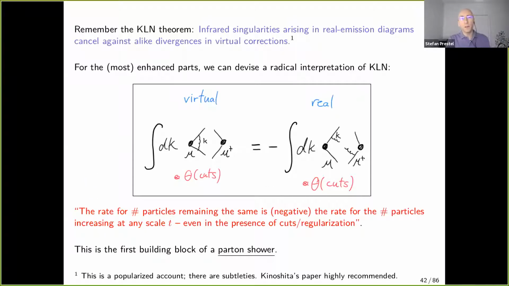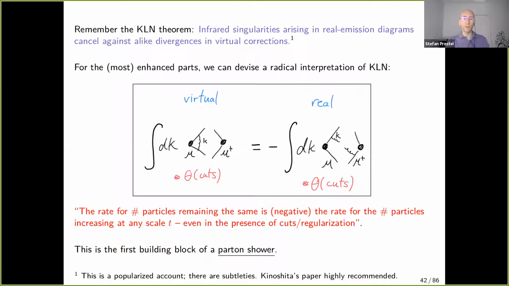First, let me remind you of the Kinoshita-Lee-Nauenberg theorem, which says in popularized speak that infrared singularities, low energy or low angle singularities in real emission diagrams, cancel against like singularities in virtual corrections.